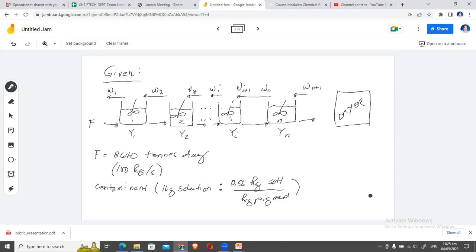Now here in the thickeners, you have actually W1 capital, W2, W3, and W4.